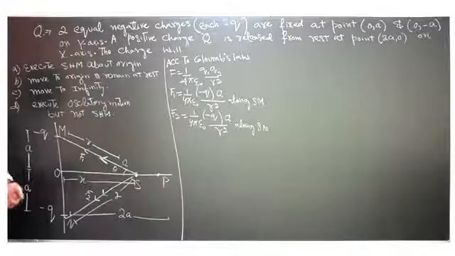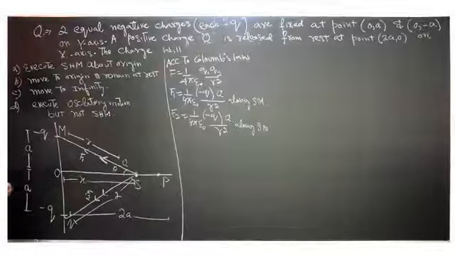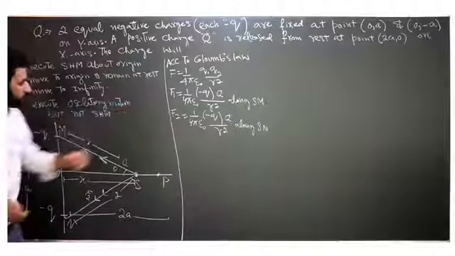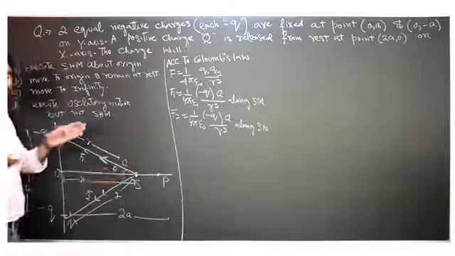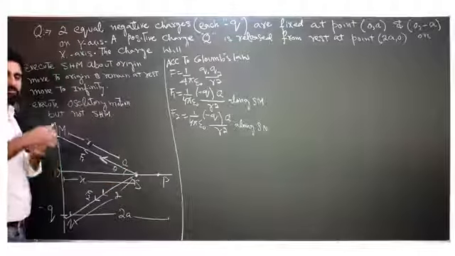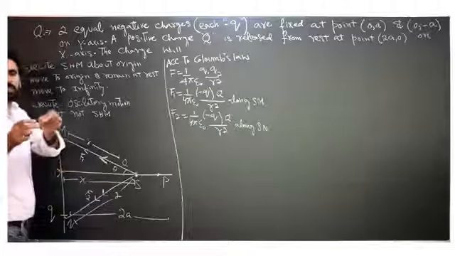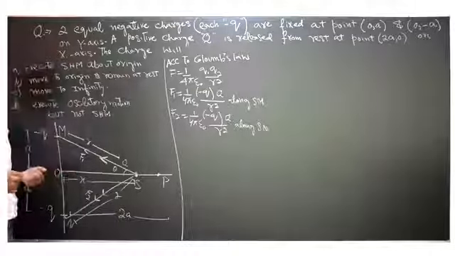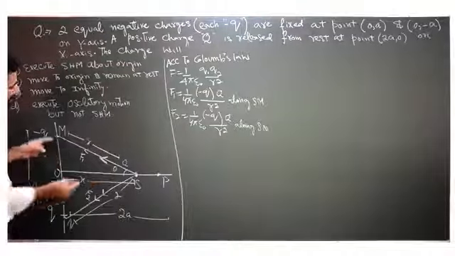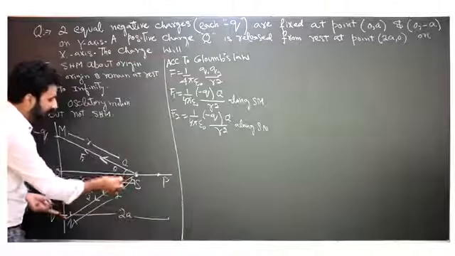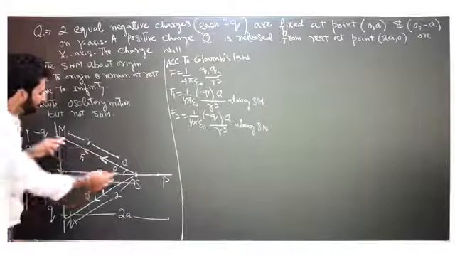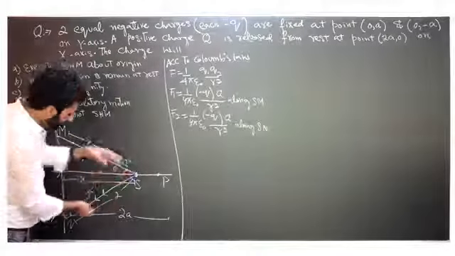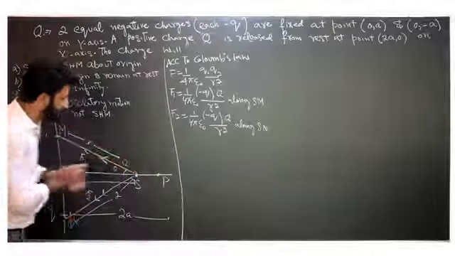So we have to take the sum of both of these forces. But what we do is we can resolve these two forces, F1 and F2, into components. See, had F1 and F2 been in the same direction, we would simply take the sum of the two. Had they been in opposite directions, we would take the difference of the two. That is how we go for vector addition or subtraction. But F1 and F2 are inclined at some angle, this much of angle. So we'll resolve F1 into rectangular components. Similarly, we'll resolve F2 into rectangular components.